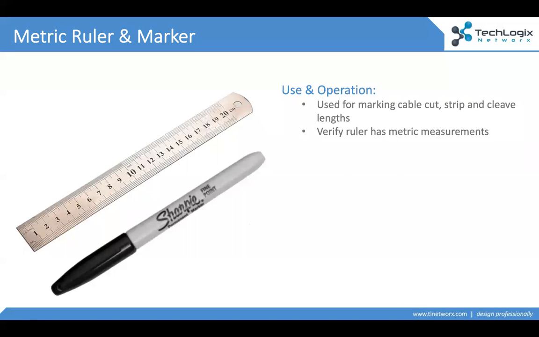Sometimes it's really important that we measure an exact amount of outer jacket removal. But typically you're usually measuring the strand inside the cable, when you're stripping off that buffer and preparing it to go inside that connector. Measuring it can be very, very important. So make sure you have a marker and a metric ruler inside your toolkit.